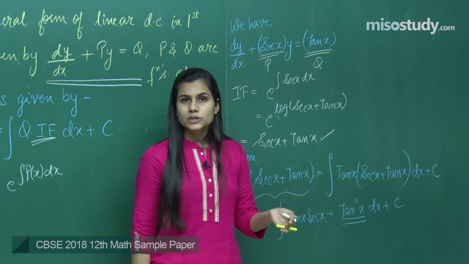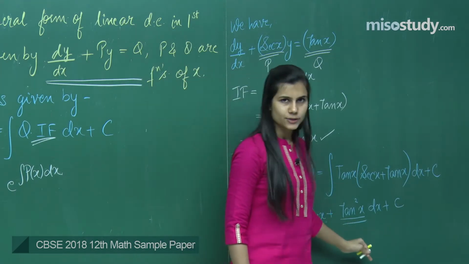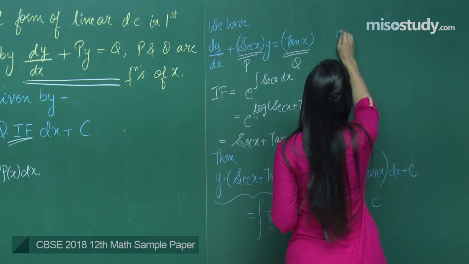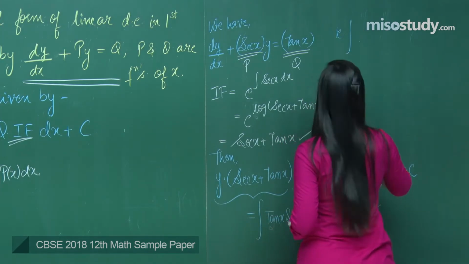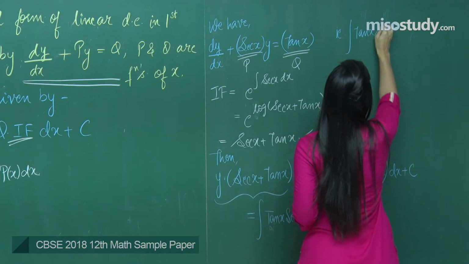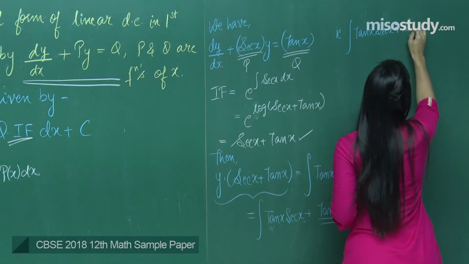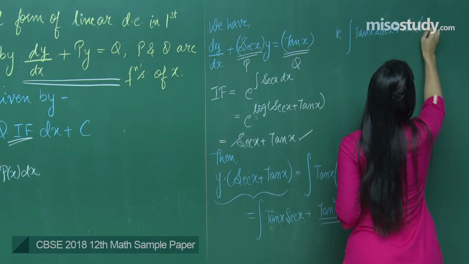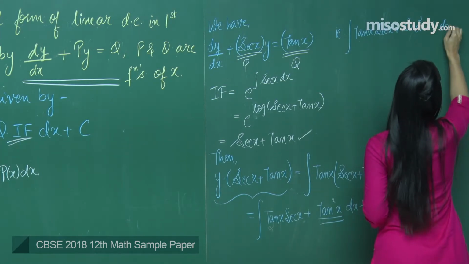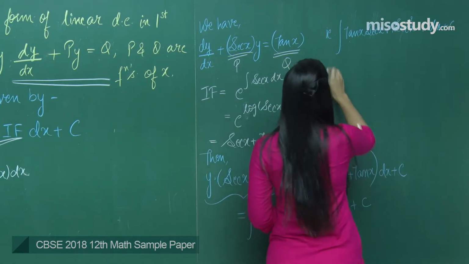Because 1 plus tan square x is sec square x, so sec square x minus 1 is tan square x. So over here I am going to get integration of sec x into tan x plus sec square x minus 1 dx plus c.